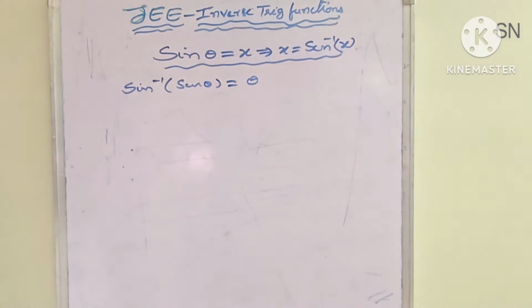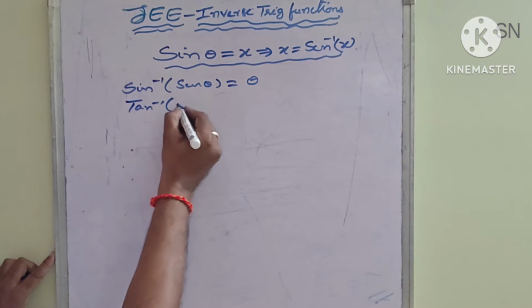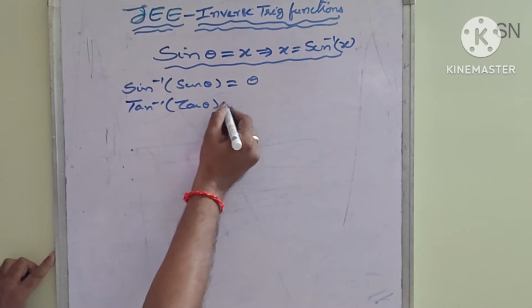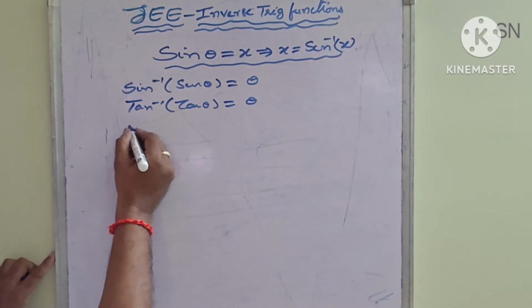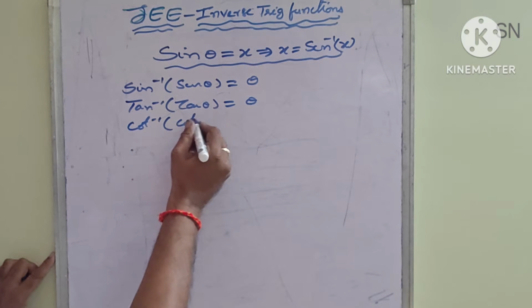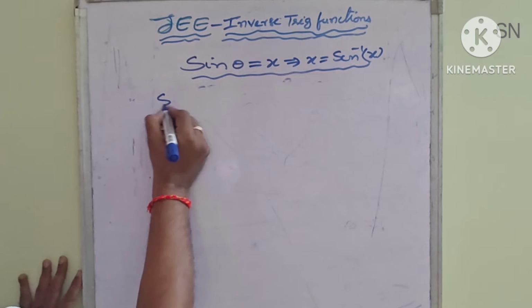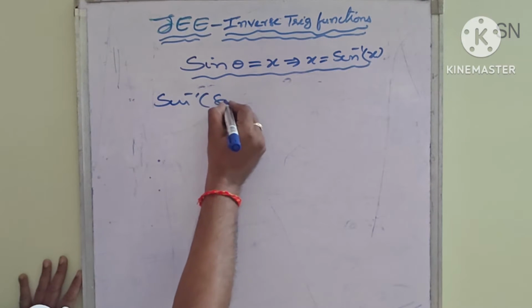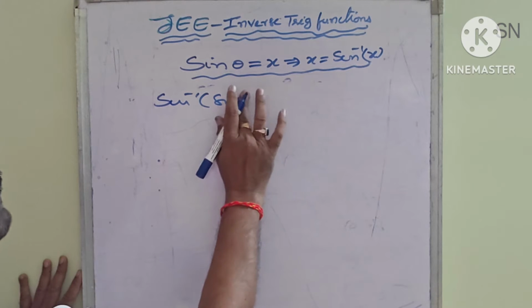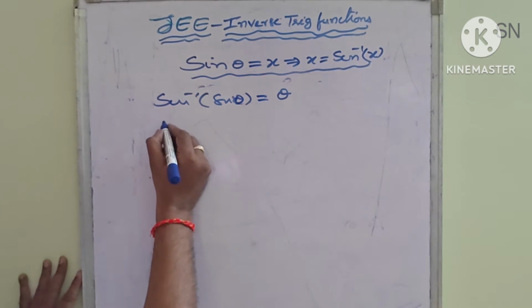Tan inverse of tan theta is equal to theta, and cot inverse of cot theta is also theta.